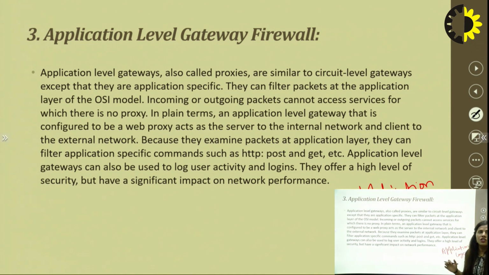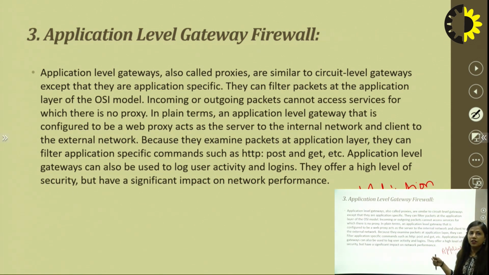They can filter at the application layer, and it can examine the incoming or the outgoing packets which can access the services. Means which particular person can access the services or not, it will work over here. Whatever input is coming, whatever output is going, overall accessibility will work over here.